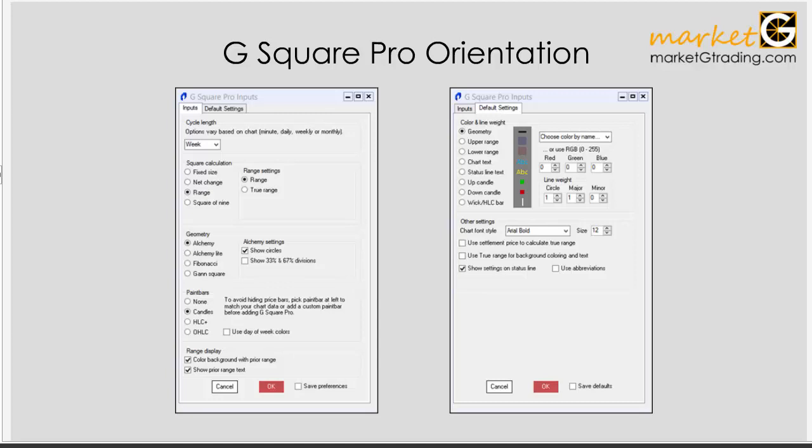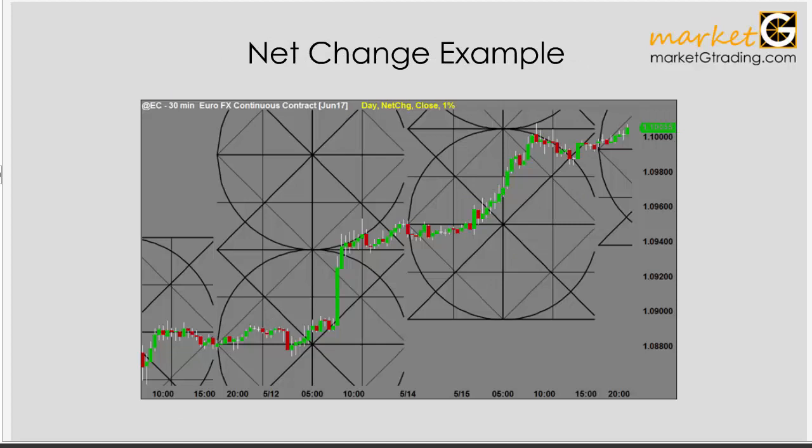This is what it looks like when you choose the inputs or default settings for G-Square Pro. You just click on what you want, and it's all context sensitive, so it makes it very easy to learn. I'm going to go through a few examples of the different kinds of calculation models.